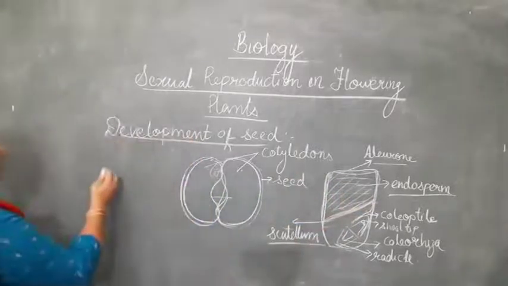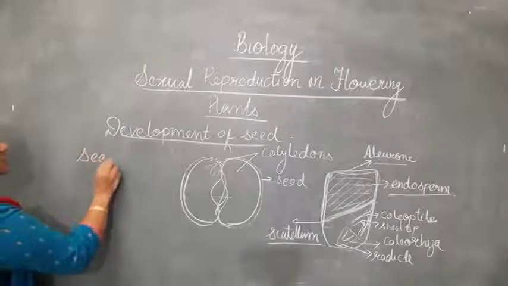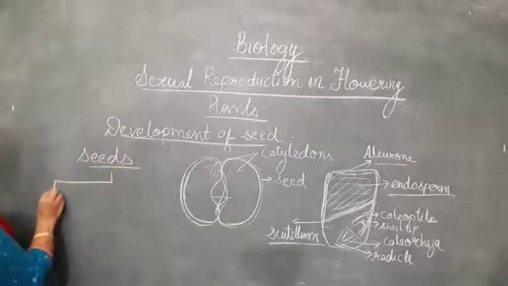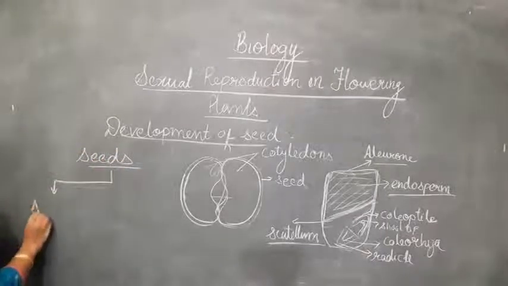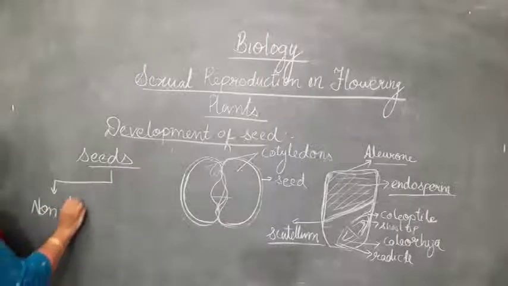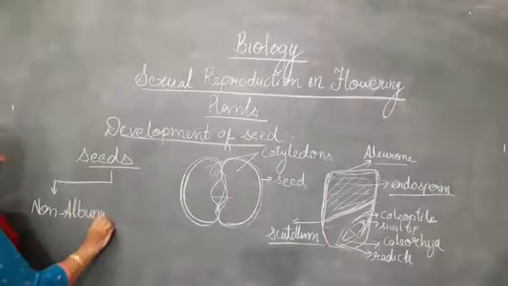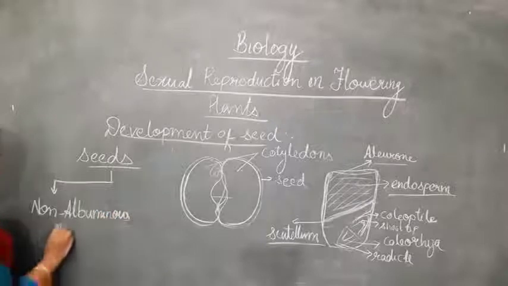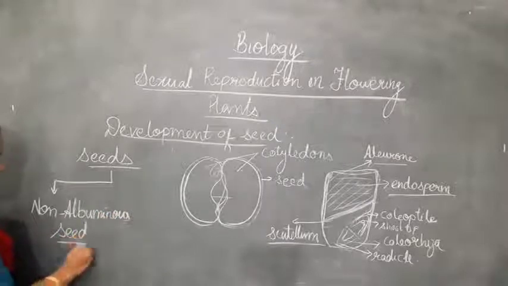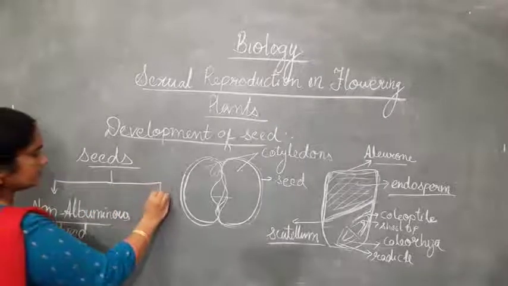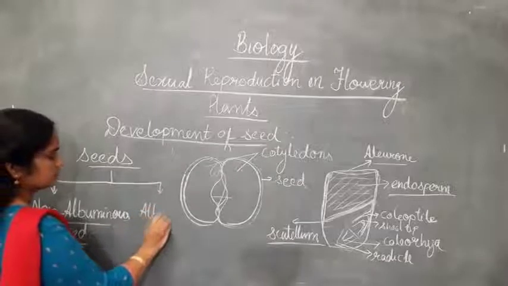So depending on that, we can again classify the seeds under two types. One is known as non-albuminous seeds, and the other category will be albuminous seeds.